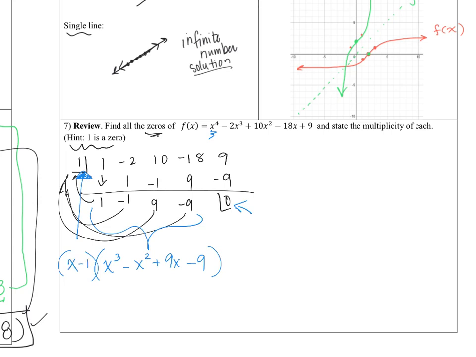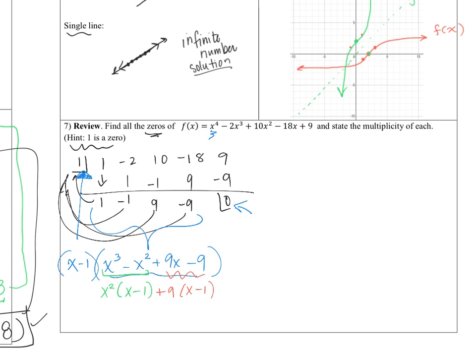Now we can take our leftovers and do some more synthetic division, but I noticed that this actually factors. The first two terms have x squared in common. If I factor that out, I'll be left with x minus 1. And then the second two have a 9 in common. So if I pull 9 out, I'll be left with x minus 1.